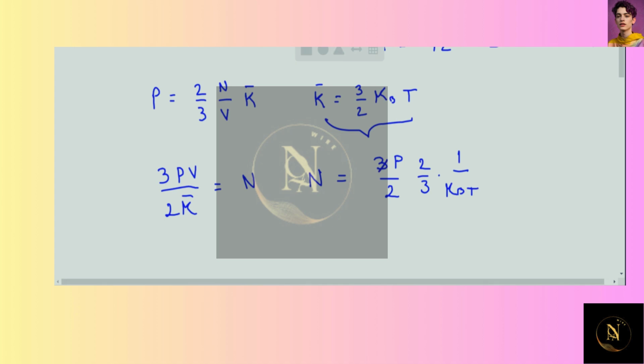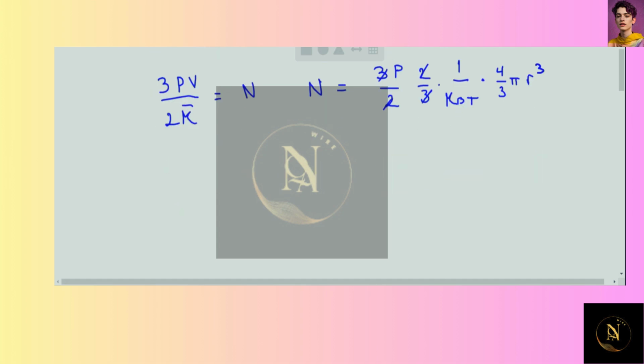So we get to cancel these out. And then V is going to be 4/3 pi r cubed. If we simplify that now, we will have that N is equal to P over kBT times 4/3 pi r cubed.